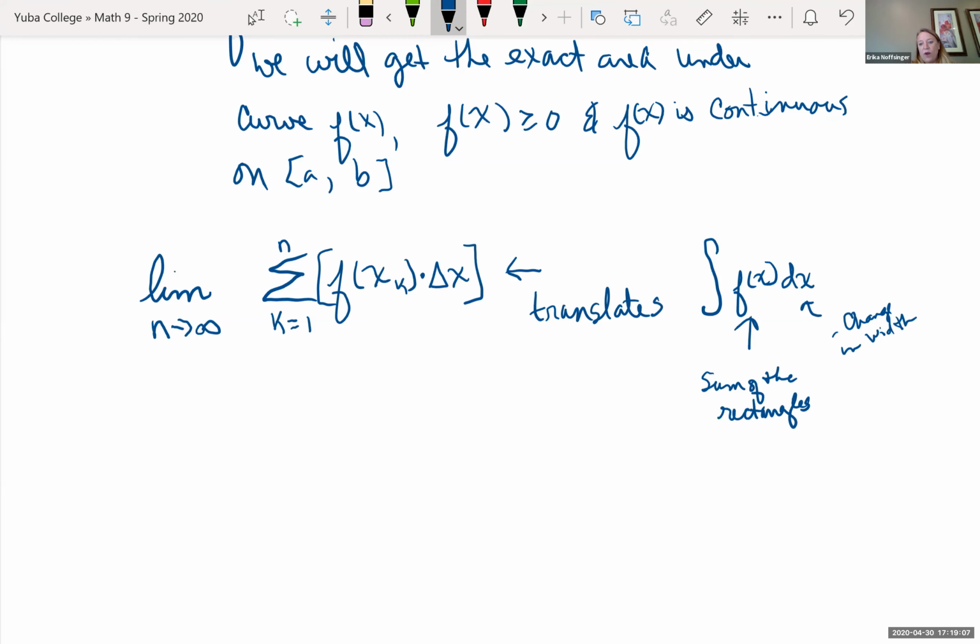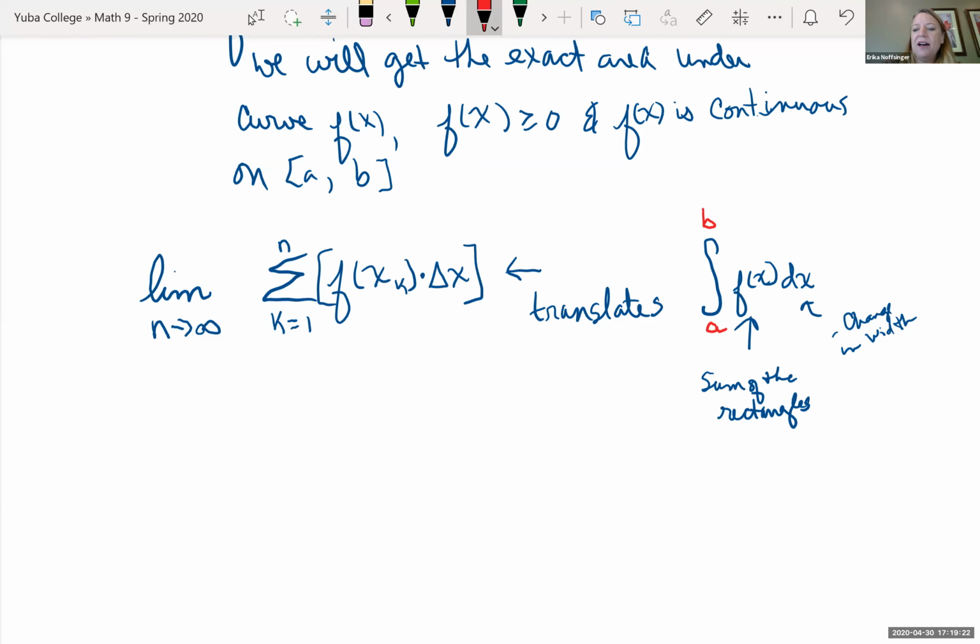So that right there is an indefinite integral, what we were looking at before, but now we have this a here and we have this b. So we have a number on the bottom of our integral and a number on the top of our integral.